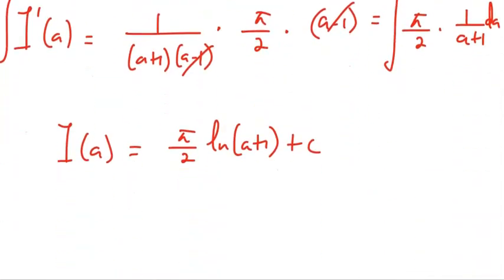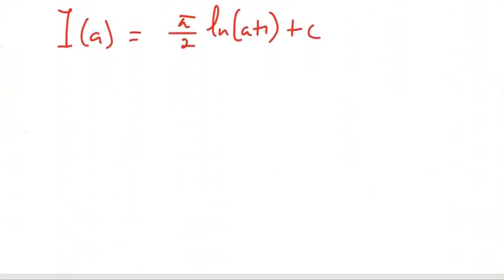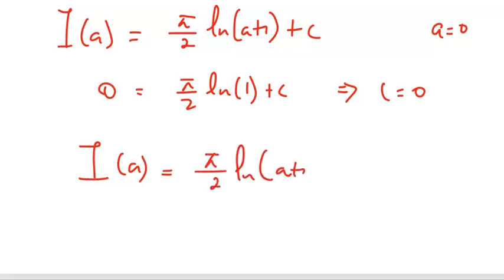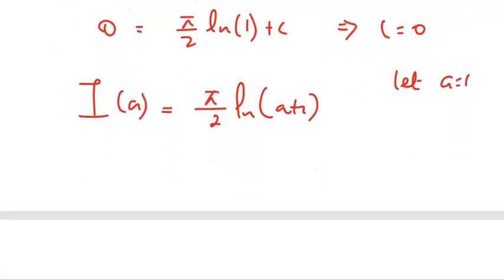So now, from here, let a equal 0. We get 0 is equal to pi by 2 ln of 1 plus 0, which is 1, plus c. This implies from here that c is equal to 0. Therefore, our target integral I of a is going to be equal to pi by 2 ln of a plus 1. And finally, let a equal 1, we get the solution to the integral.